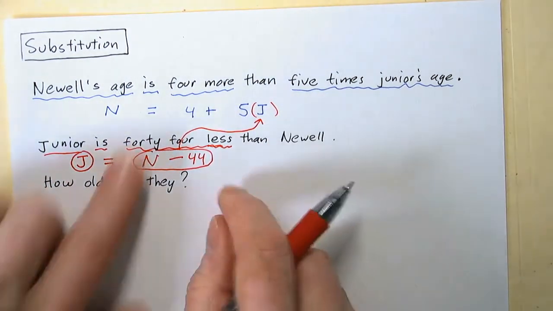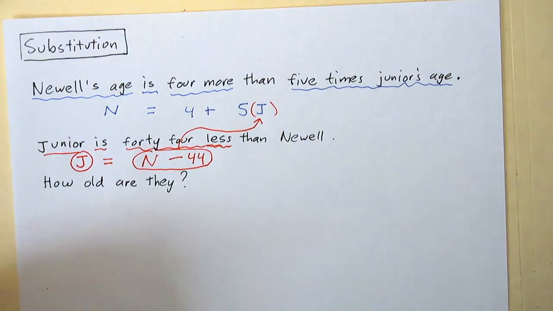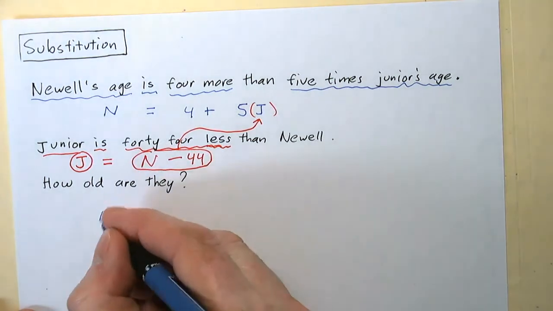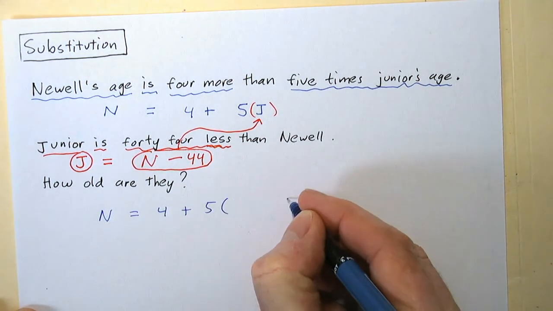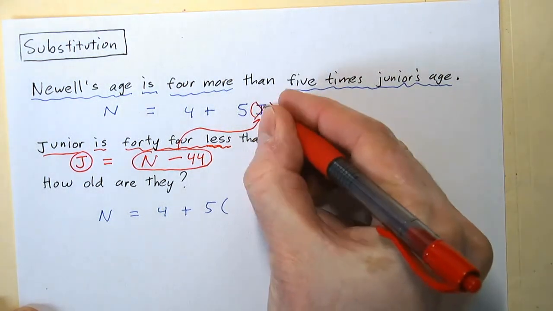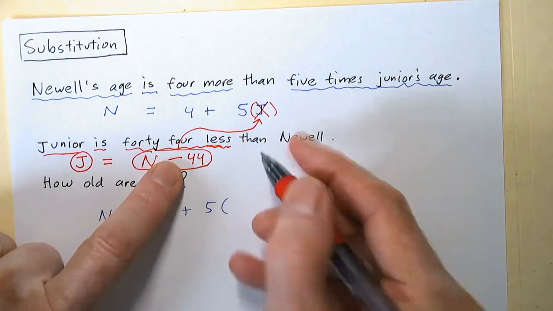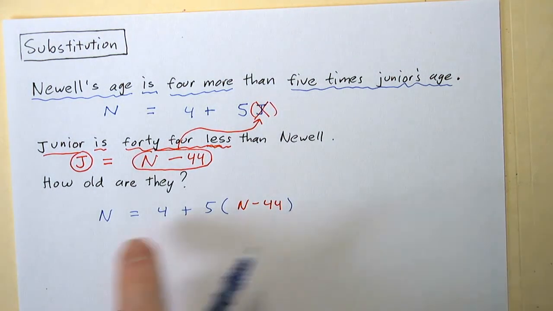So instead of just plugging in a number, you're going to plug in this algebra, this expression. So let's solve it. Newell is 4 plus 5 times J. Use a parentheses. Okay, and what's J going to be? You're going to replace J with N minus 44.